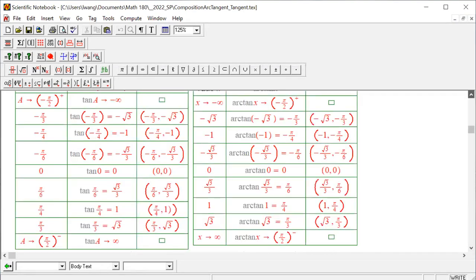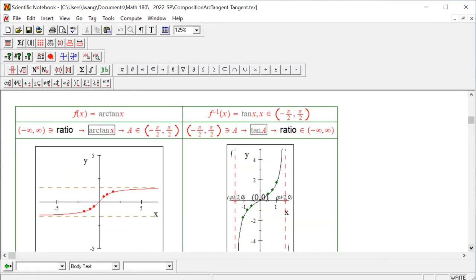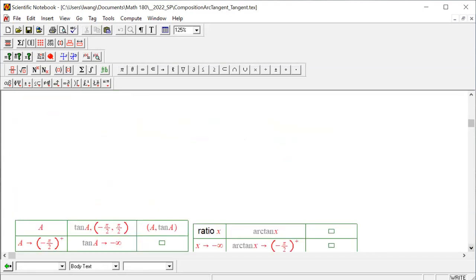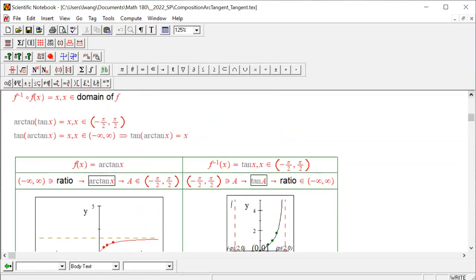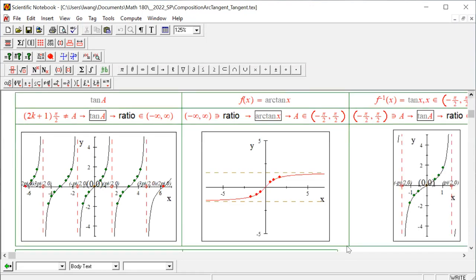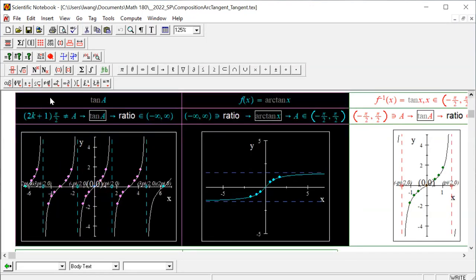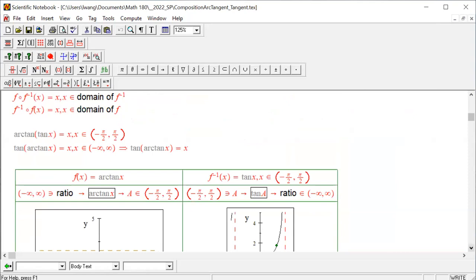Next, we're going to look at some examples of these compositions. When we are handling these compositions, what we are given are these two functions, and as we said earlier, this one is rarely mentioned unless otherwise specified.